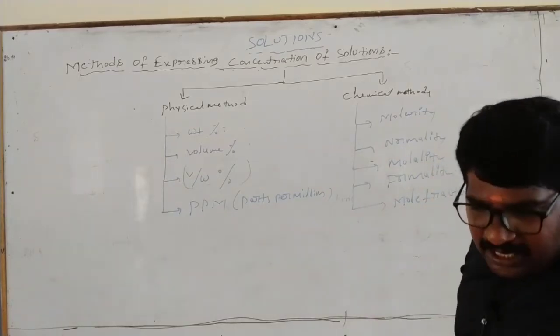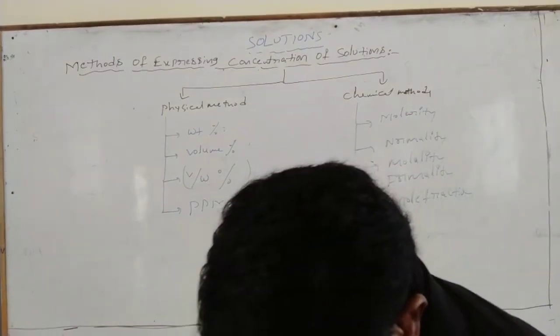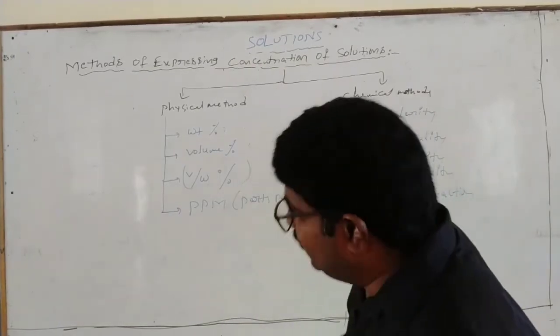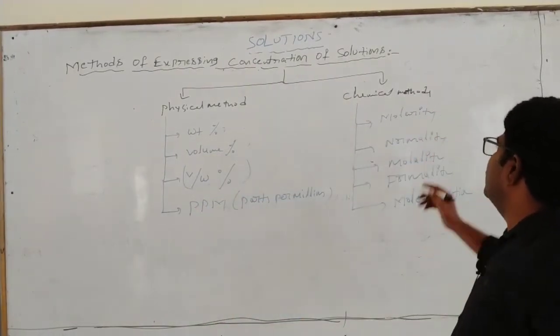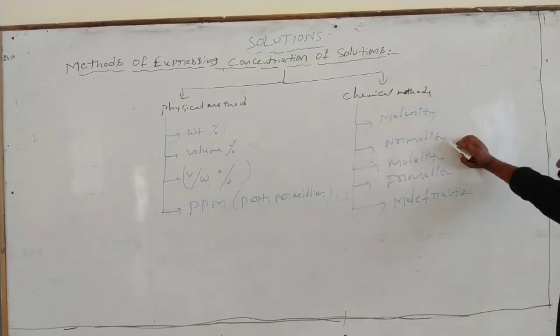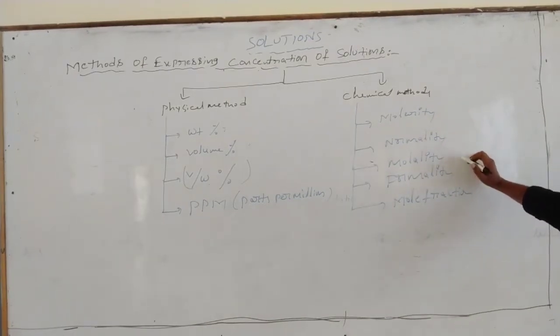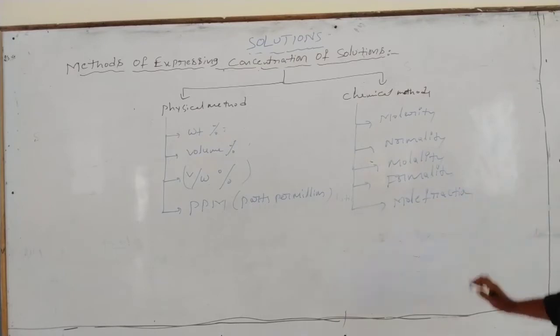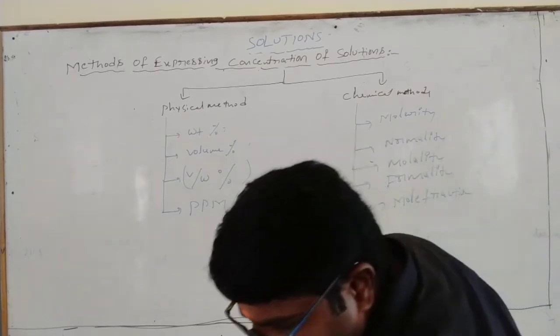These are the physical methods and chemical methods. The chemical methods are molarity, normality, molality, formality, and mole fraction. Now we have to explain one by one.